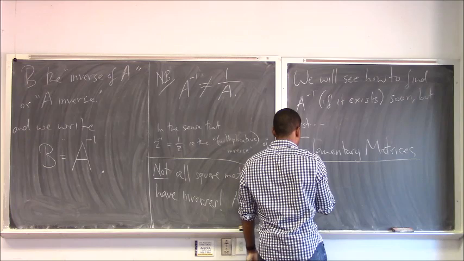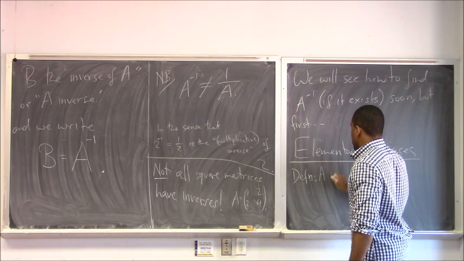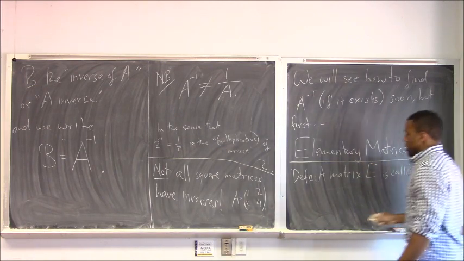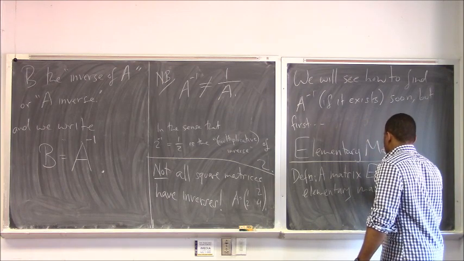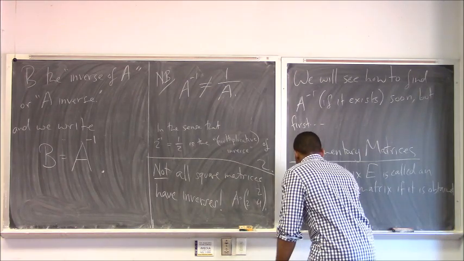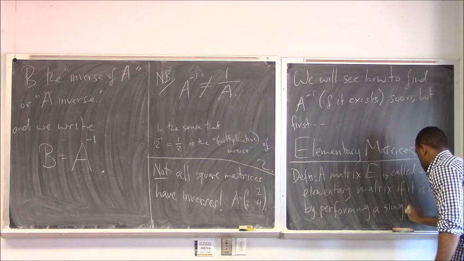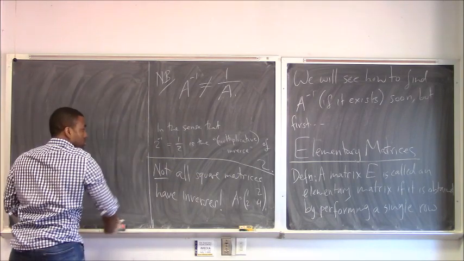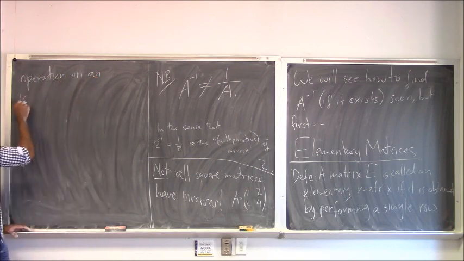Definition. A matrix E is called an elementary matrix if it is obtained by performing a single row operation on an identity matrix.